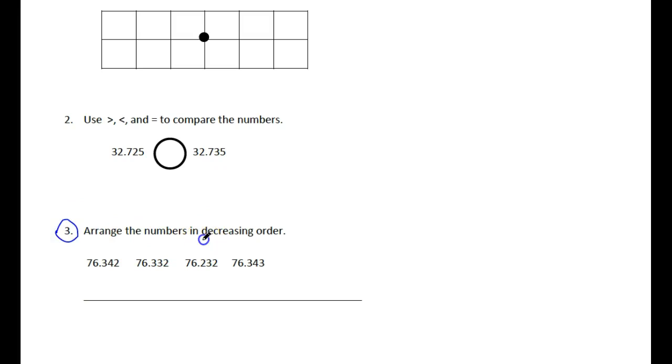And if you are putting them in decreasing order, you start at the biggest number and you work your way to the smallest number. And it looks like they all have 76. So then you're just going to be paying attention to these ones right here. Start with the biggest and move to the smallest.